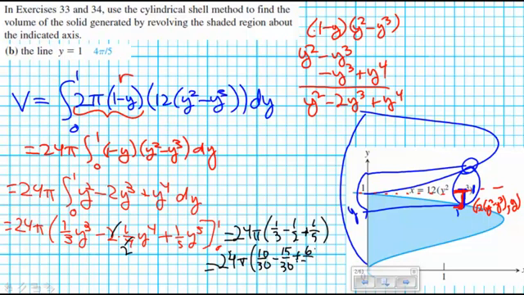Plus 6/30ths. So 16/30ths minus 15/30ths is 1/30th. So my ending answer is 24 pi over 30, which reduces to, 6 goes into there 4 times, 6 goes into there 5 times, 4 pi over 5. Hey, 4 pi over 5 is the right answer.